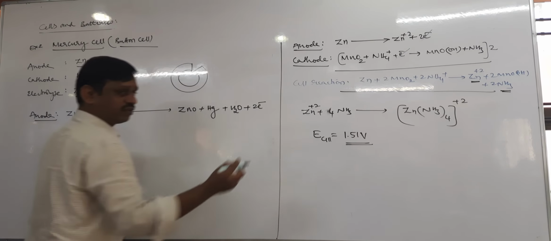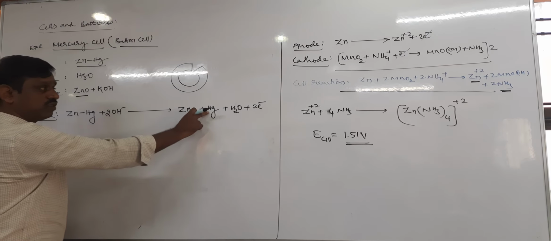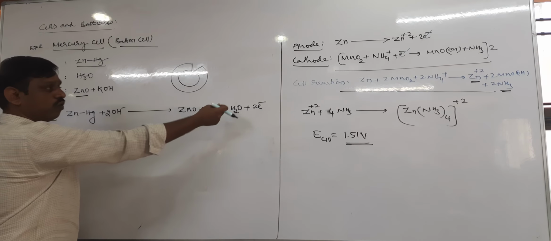So at the anode, zinc amalgam converts into zinc oxide and mercury, plus water and 2 electrons. It is oxidation.